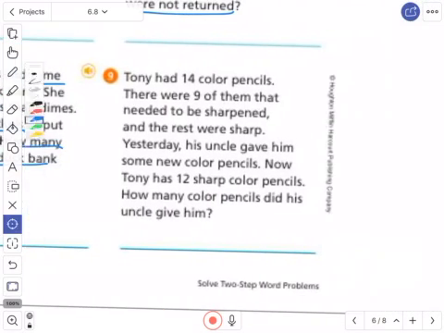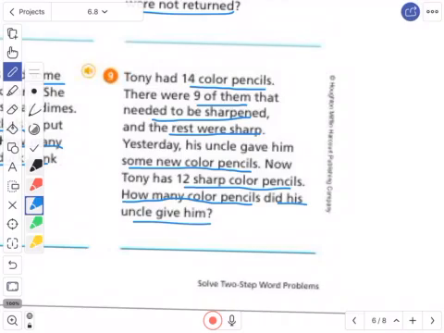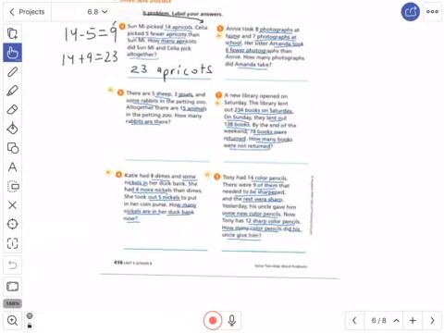Tony had 14 colored pencils. There were 9 of them that needed to be sharpened, and the rest were sharp. Yesterday, his uncle gave him some new color pencils. Now Tony has 12 sharp color pencils. How many color pencils did his uncle give him? So some great multi-step problems.